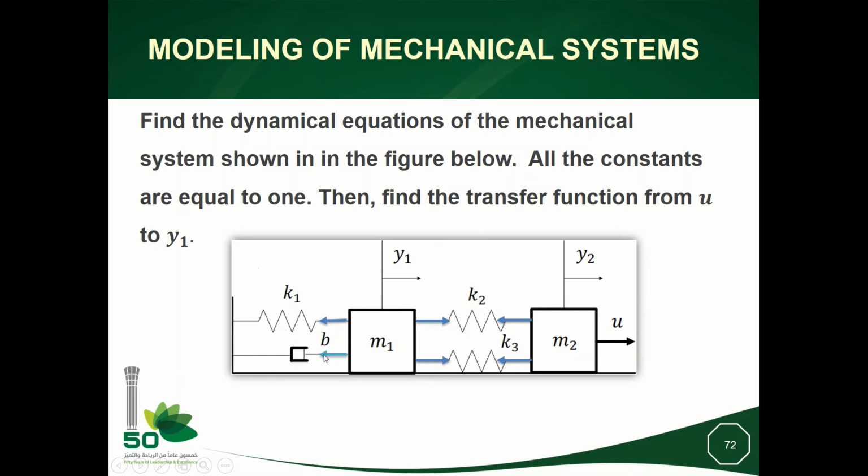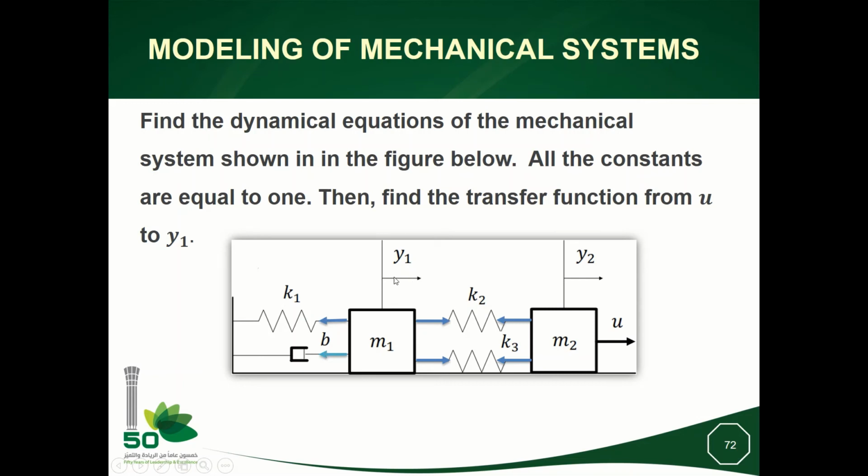This force is the damper force, and the damper force is a constant B times the speed. It means this force is B times Y1 dot, the first derivative of Y1, because the force of a damper is proportional to the speed, and it is in the opposite direction of the displacement.